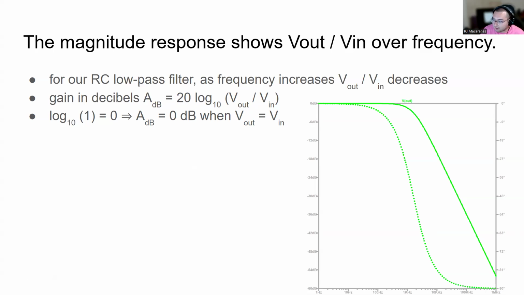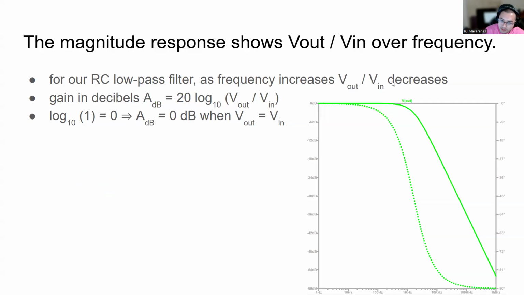I'm kind of asking this question: 10 to what power gives me 1? And in this case, that's going to be 0, whatever our base is. In this case, our base is 10, but that doesn't matter. So at 0 dB, we have the case where the output is equal to the input.